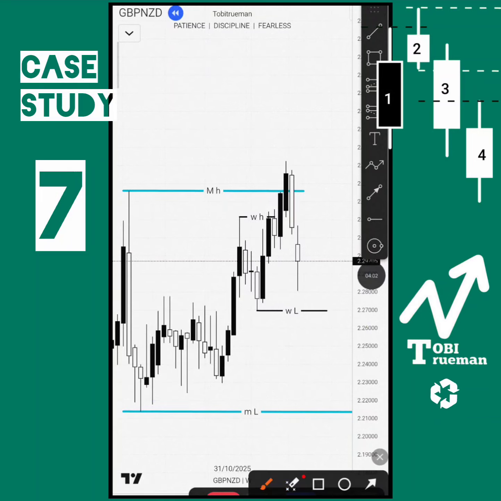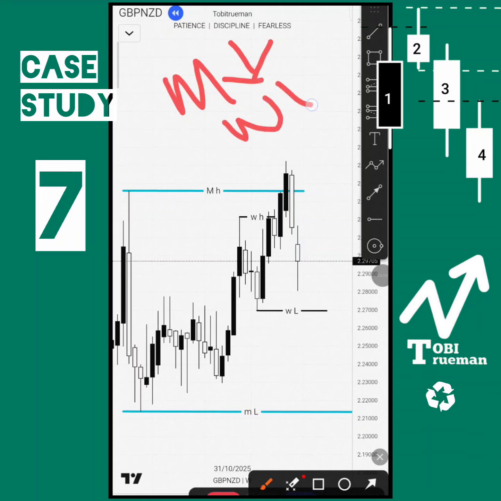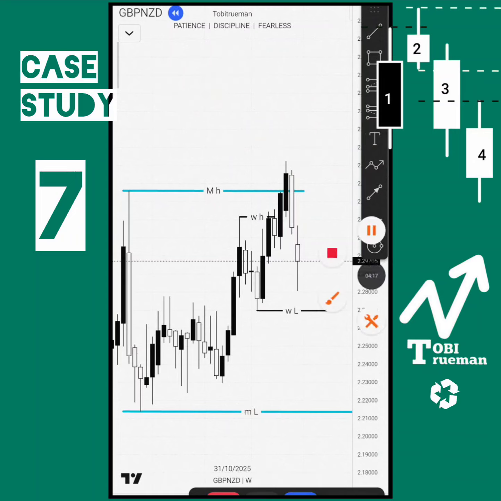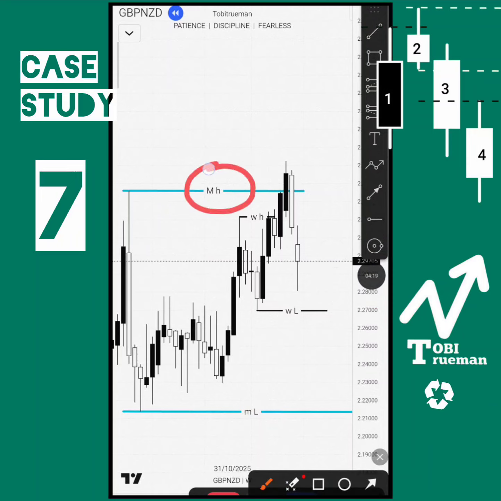We know usually that when the month is selling, we want the week also to sell, and we want the day also to sell, making us have a very good confluence. But at the same time, we know that when the month high has been taken out, we want our candlestick formation to form for a reversal to also enter on the weekly time frame.